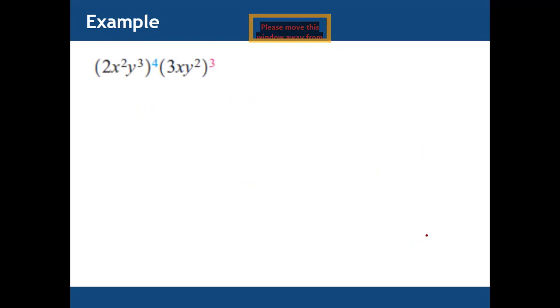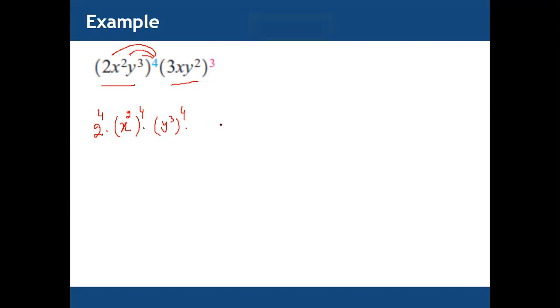Now we have this one. How can we multiply these two? These are in multiplication. We have the first part and the second part. The power for the first part is 4, and the power for the second part is 3. So we can write separately. This 4 is for all: 2 power 4, x square power 4, and also y cube power 4.